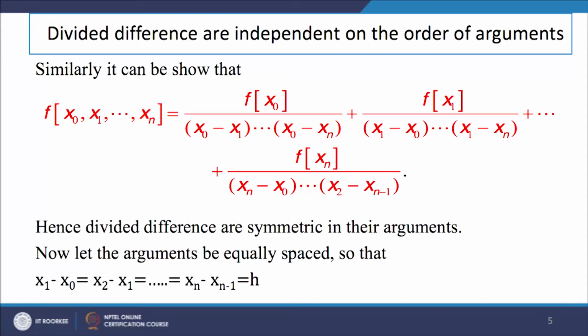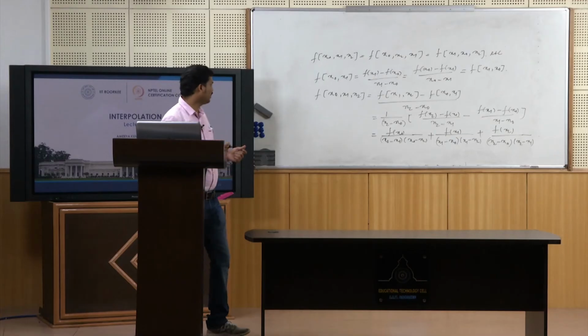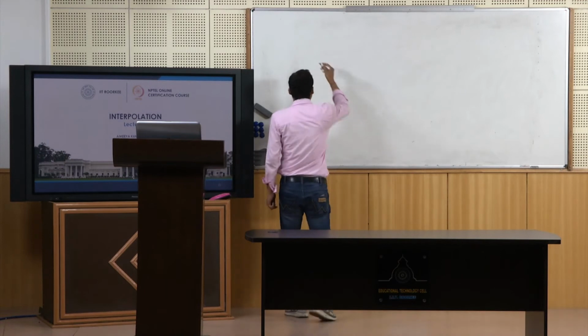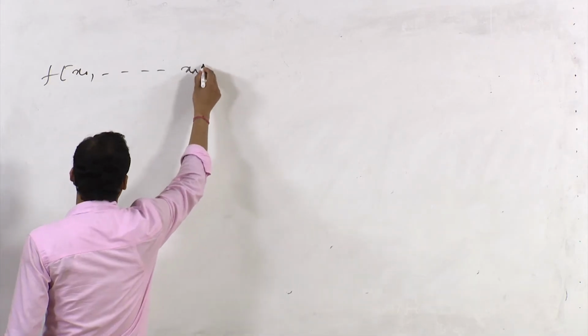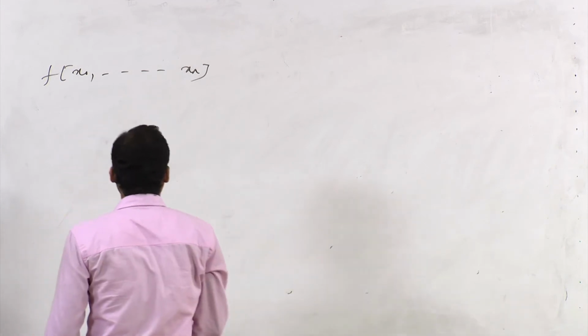Similarly, it can be shown that an nth order divided difference can be written as f of x0, x1 to xn, supposing n plus 1 terms are there.